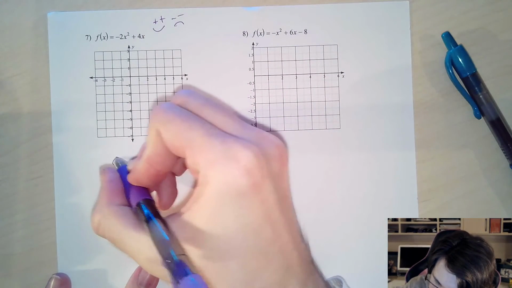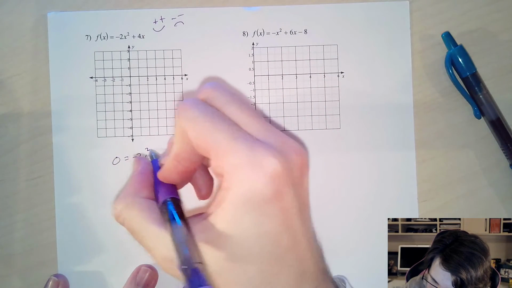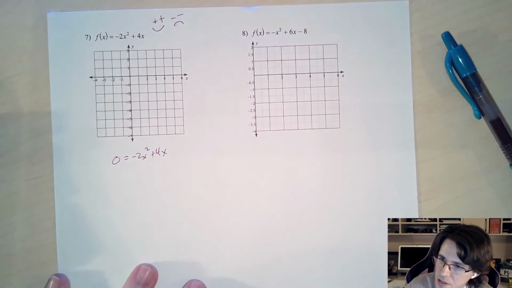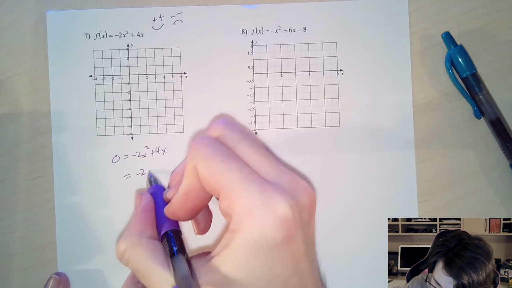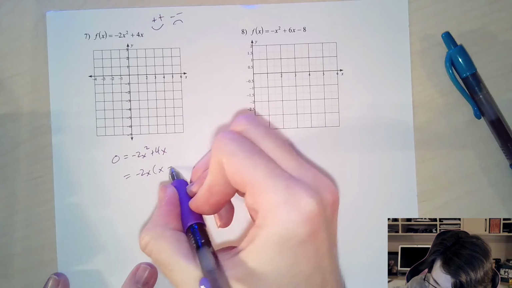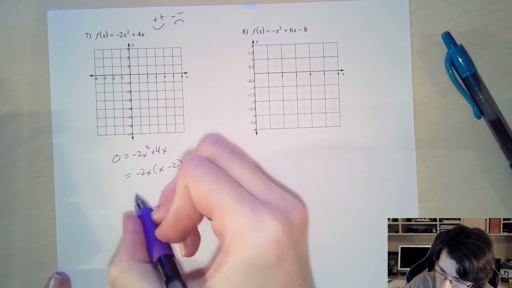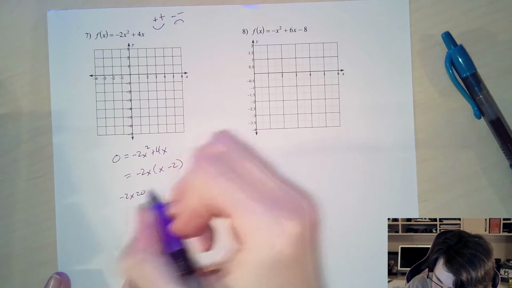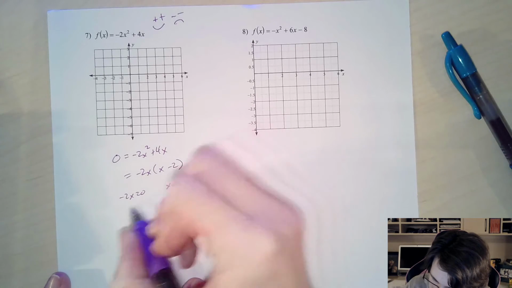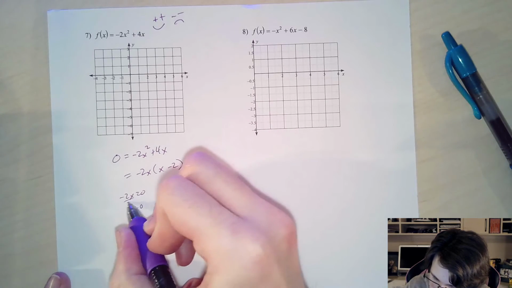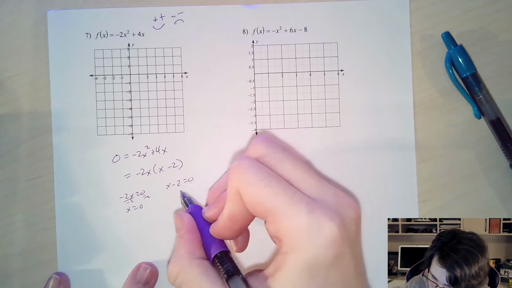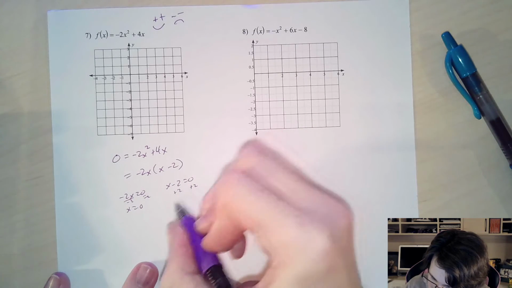So same idea to start. 0 equals negative 2x squared plus 4x. We're going to factor out a negative 2x. Then we have negative 2x equals 0, and we have x minus 2 equals 0. So x equals 0, and we divide both sides by negative 2. And add 2 to both sides.